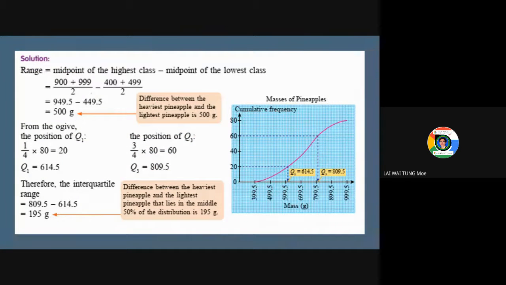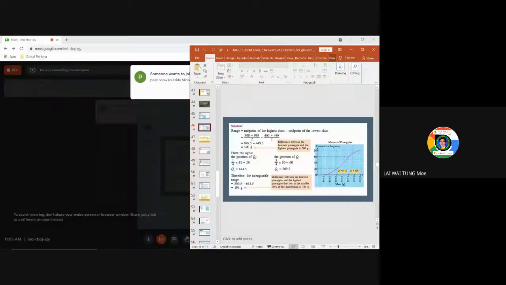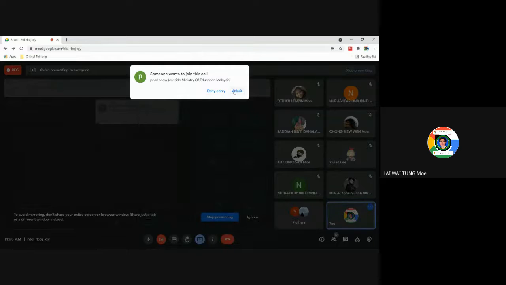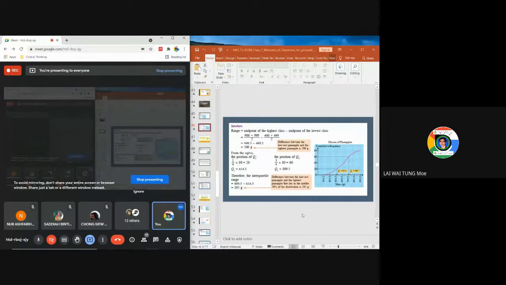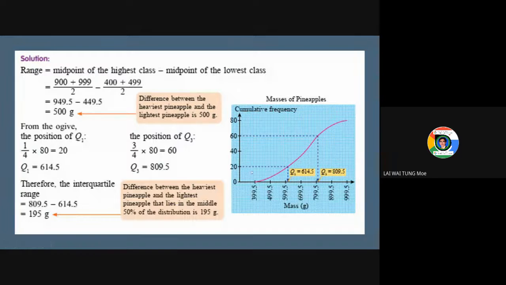Okay, so this is how you find the range. You use the midpoint. So you need to find your midpoint for the highest class and the lowest class.